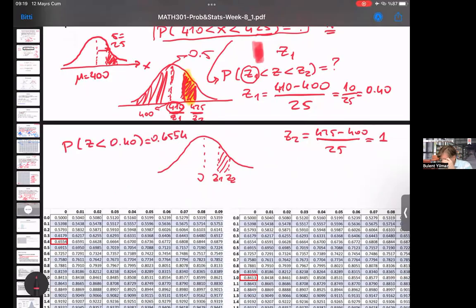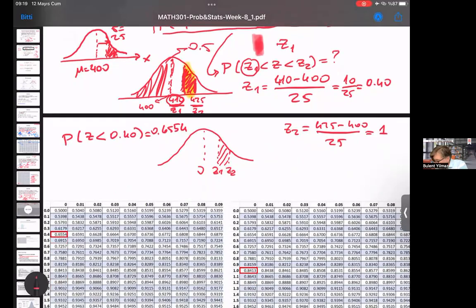Okay. Then I go here. I looked at this one, guys, 0.4, and this one is 1. Okay. What is it? 0.8413. So probability of Z being less than 1 is equal to 0.8413. So what does this mean?